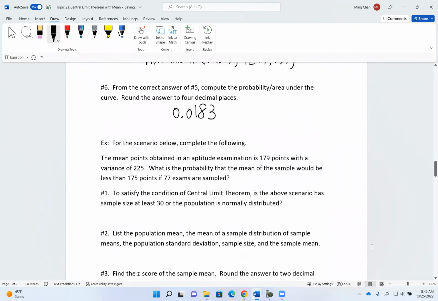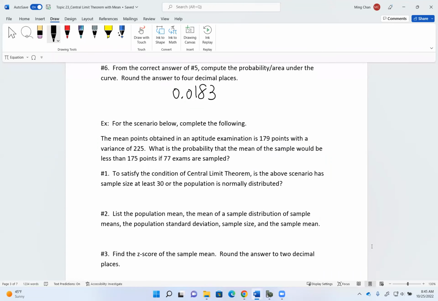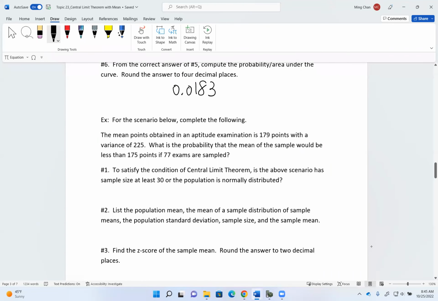All right, let's try another one, okay? The mean point obtained in an aptitude examination is 179 points with a variance of 225. What is the probability that the mean of the sample will be less than 175, if 77 exams are sampled?